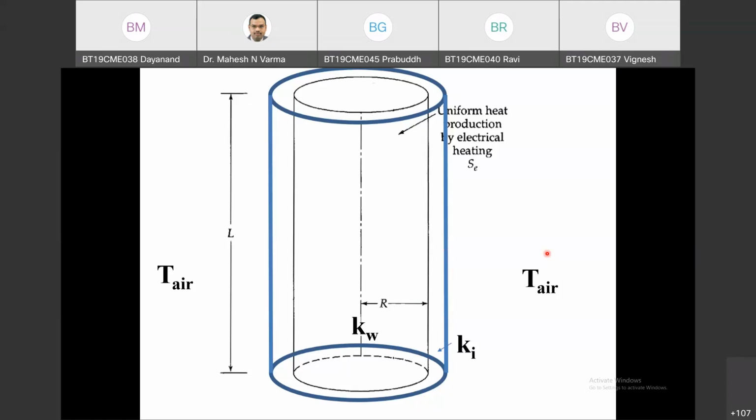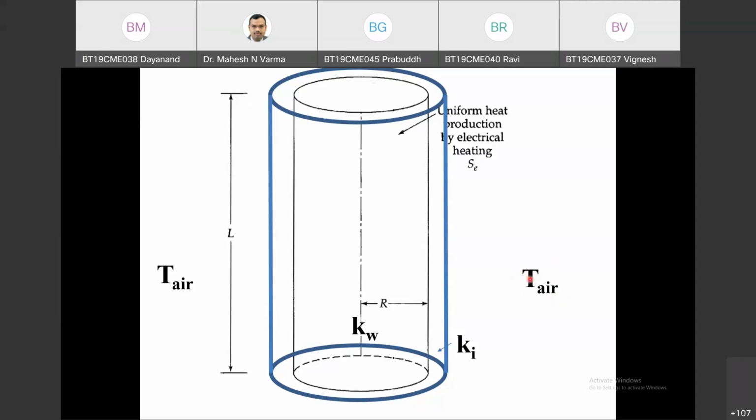Prabhuddha? Yes, sir. How many boundary conditions are needed? So we'll need 4 boundary conditions. So whether 4 boundary conditions are available here? So we have one temperature boundary condition. Yeah. So air temperature is given.